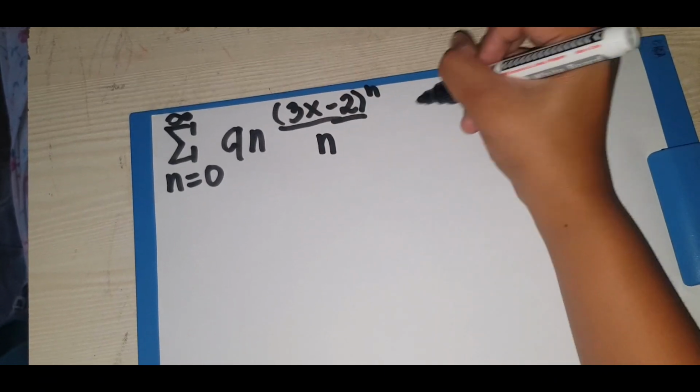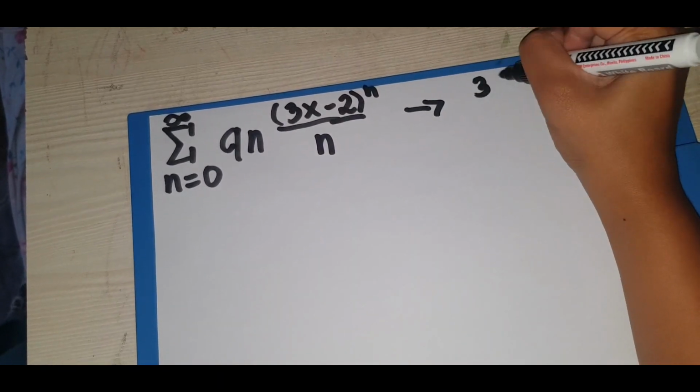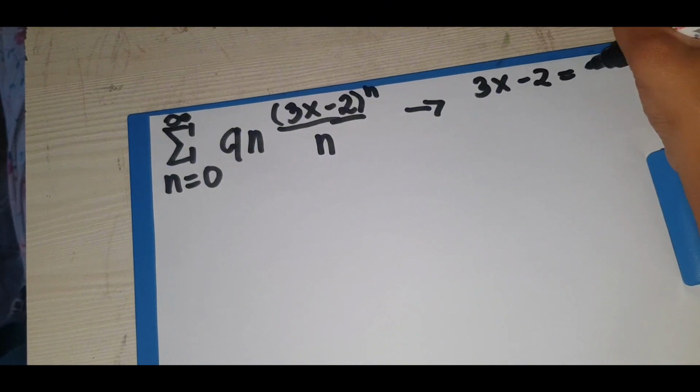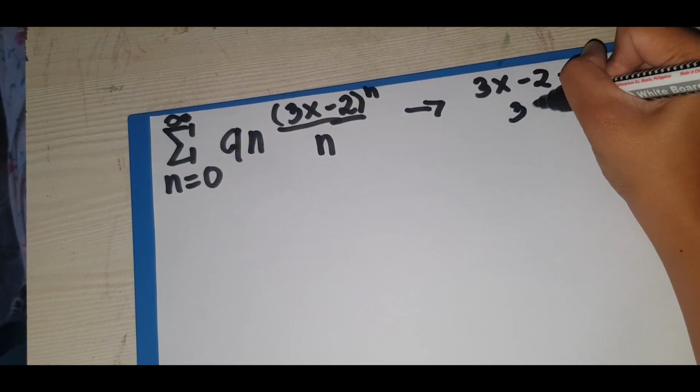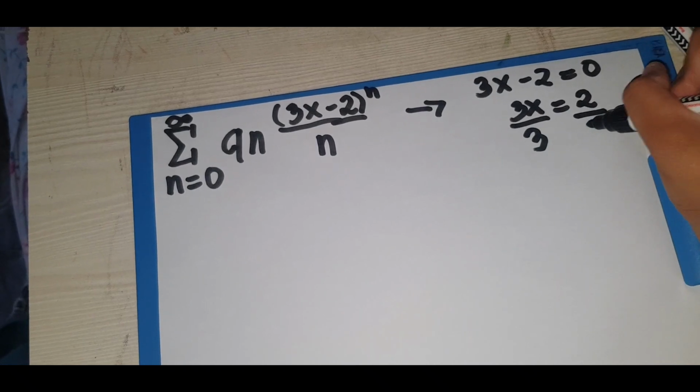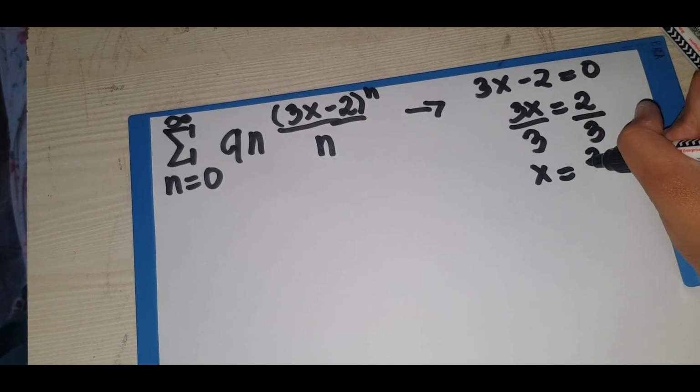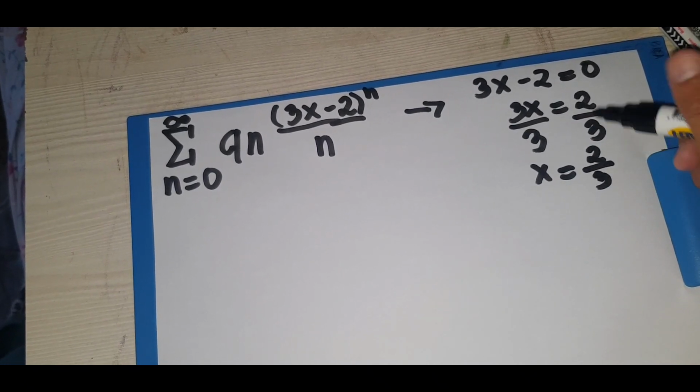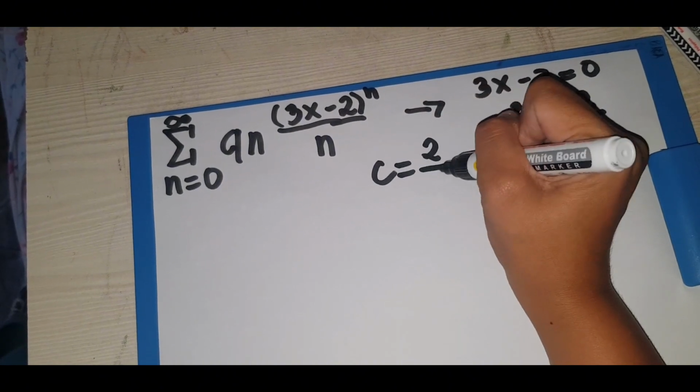To get the center, we set 3x minus 2 equal to 0, then 3x is equal to 2, so x becomes 2/3, because we divide both sides by 3. Then our center is also 2/3.